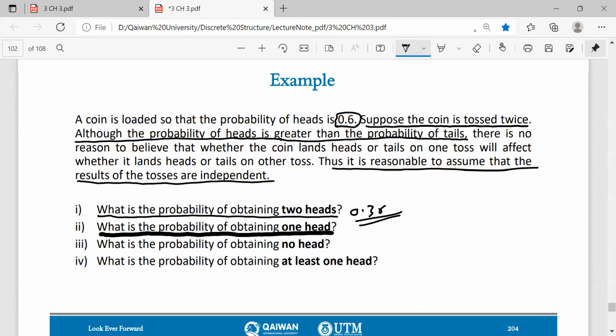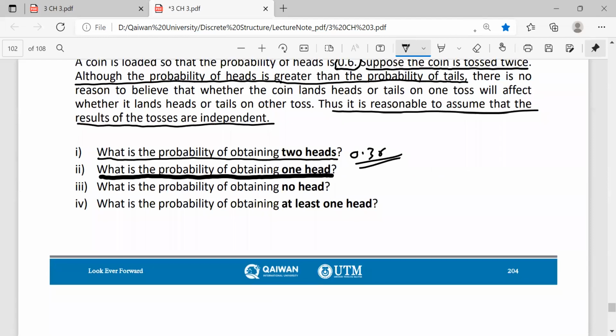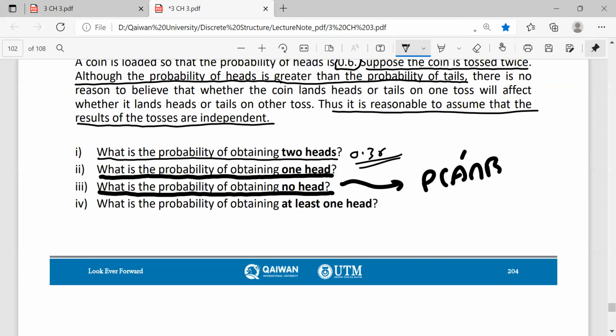For the third part, it says, what's the probability of obtaining no head? That means both are tails. In this case, we say it's probability of A complement intersection B complement, because A complement denotes tail and B complement denotes tail also.